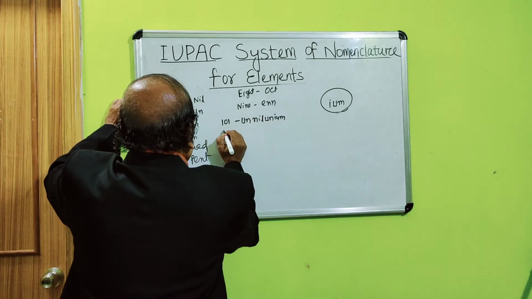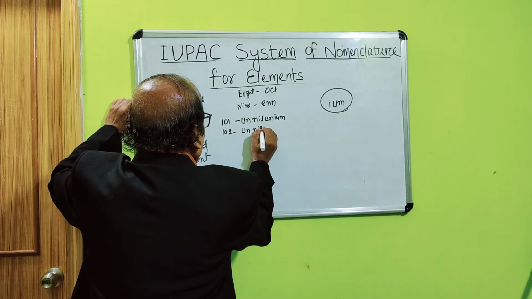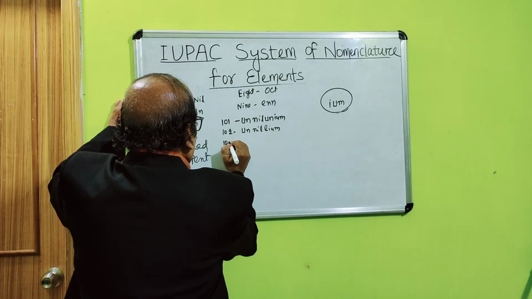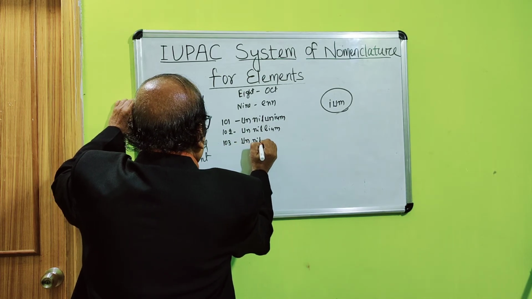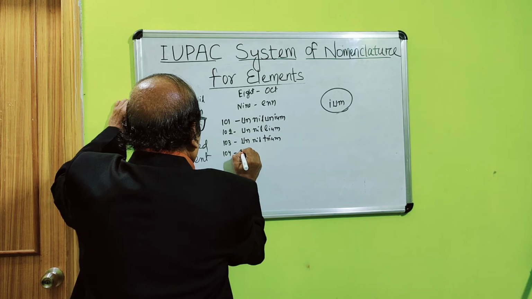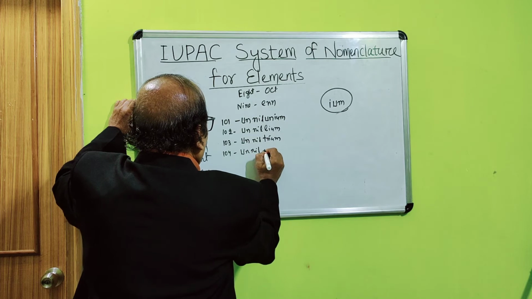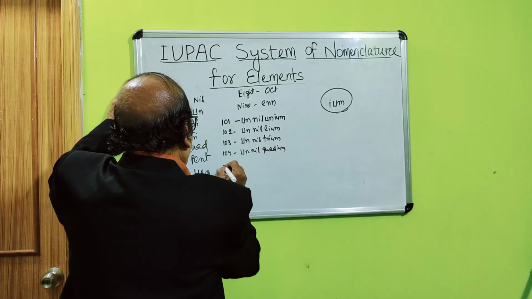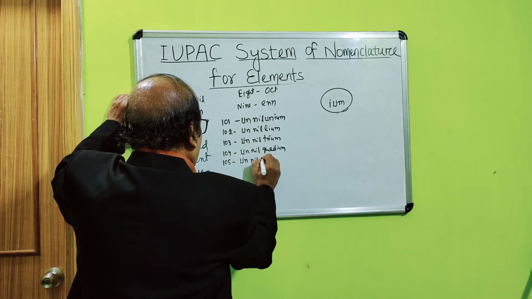Similarly, for 102 it's un, nil, bium. For 103, it is un, nil, trium. For 104, un, nil, quadium. For 105, un, nil, pentium.